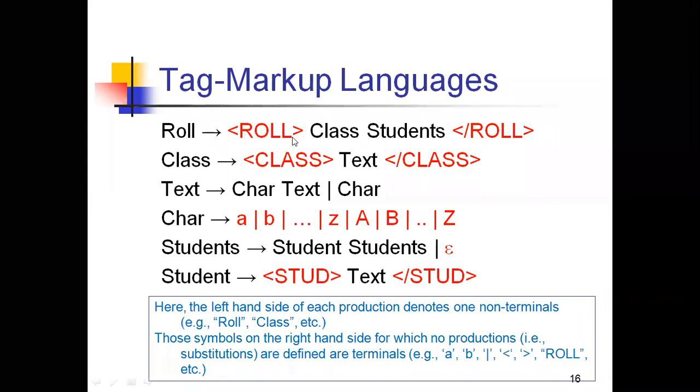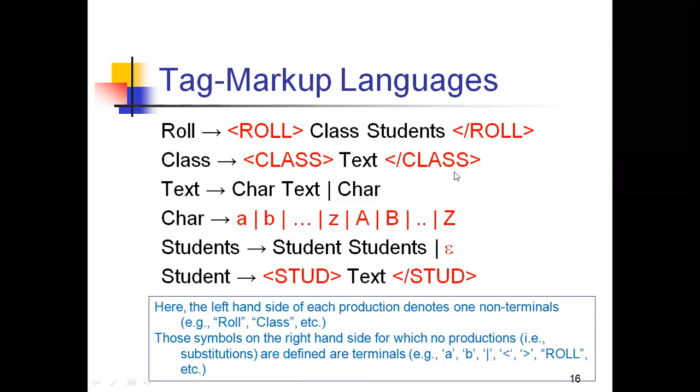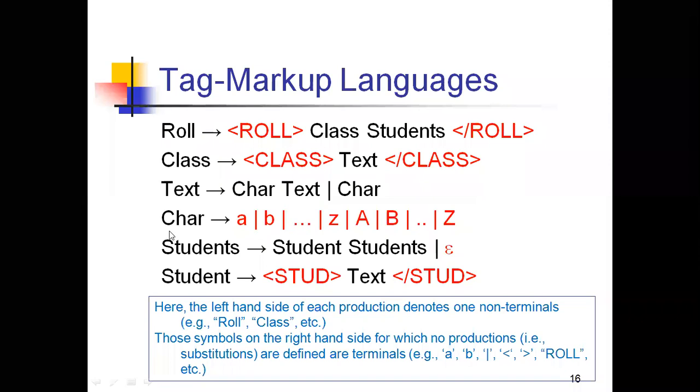You put the role in angle brackets, then class students, and you close the role like this. If you want to write the tag for the class, this is the way of representing the class. And if you want to represent characters, either in lowercase or uppercase, to represent the students, or it is directly epsilon.